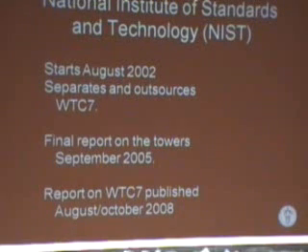And they got $16 million, which is peanuts in this connection, for starting this investigation. Later they got $4 million. And starting out in August 2002, the first thing they did was to take Building 7 out of the whole thing, treating it as a separate investigation.